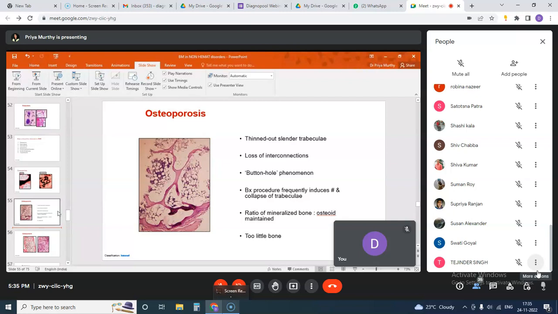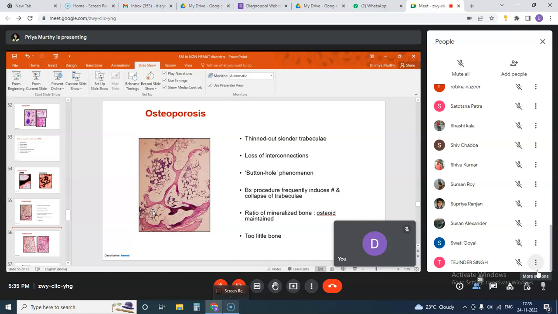Generally, elderly patients are investigated for some other condition, and when we study, we find that these bony trabeculae are very slender in nature. They have loss of interconnections between the bony trabeculae. There is a buttonhole phenomenon, and they're very, very fragile.